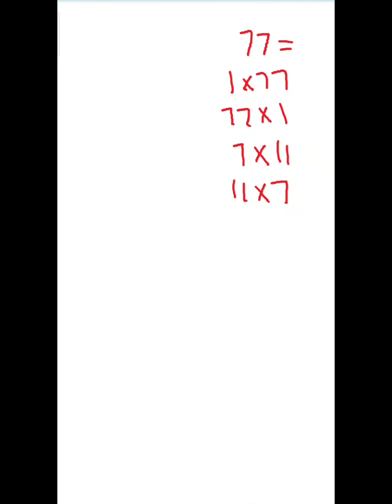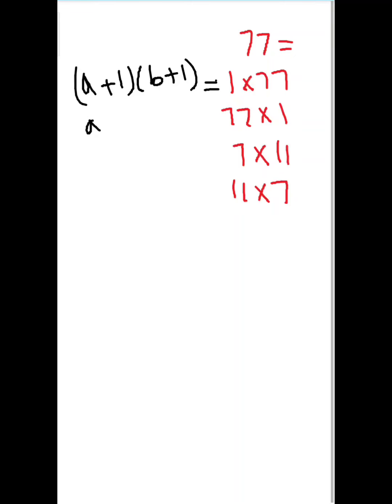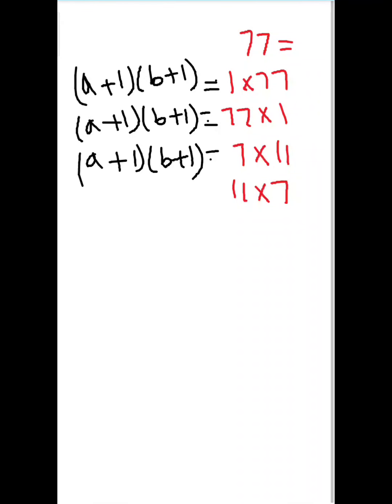So which factors will be suitable for our terms? a plus 1 times b plus 1 is equal to 1 times 77, or a plus 1 is equal to 77 and b plus 1 is equal to 1. Another option, a plus 1 times b plus 1 is equal to 7 times 11, or a plus 1 is equal to 11 and b plus 1 is equal to 7.